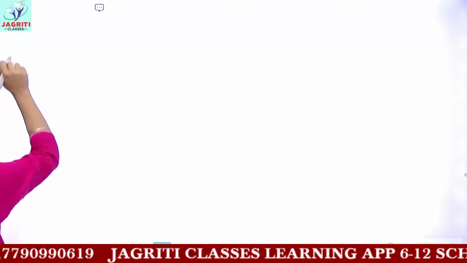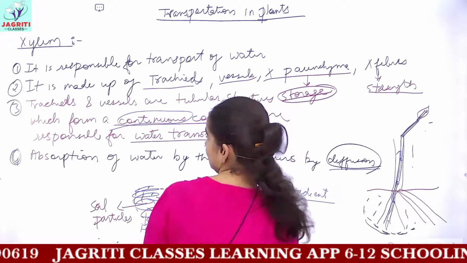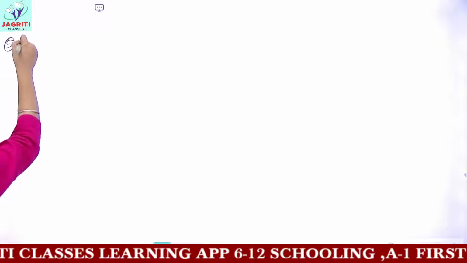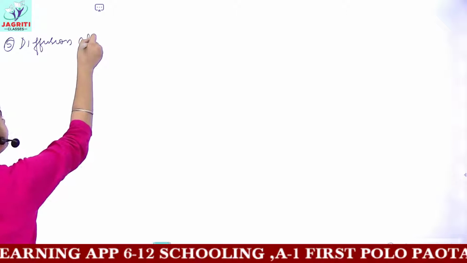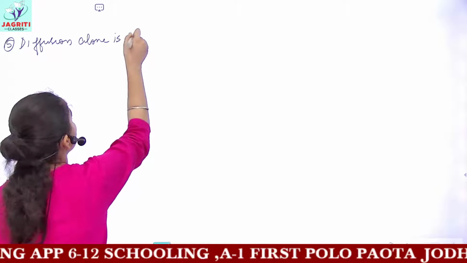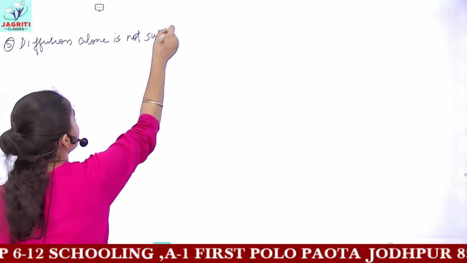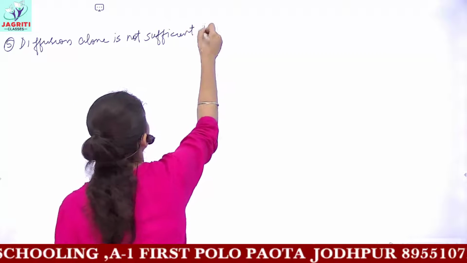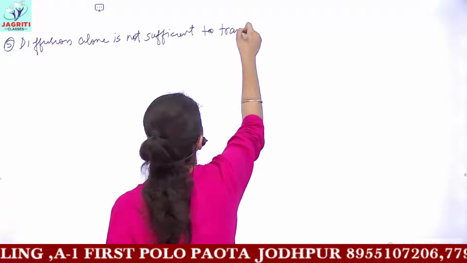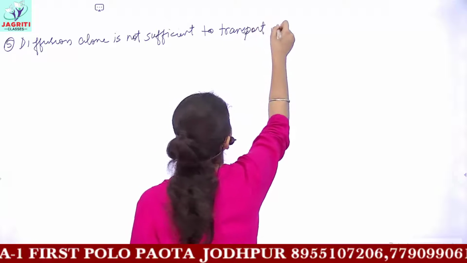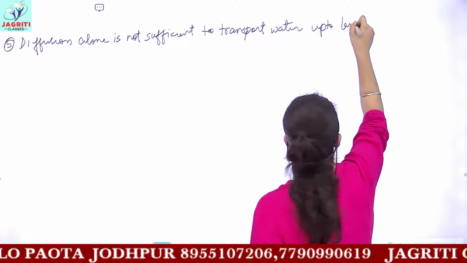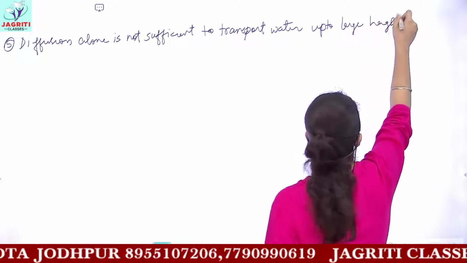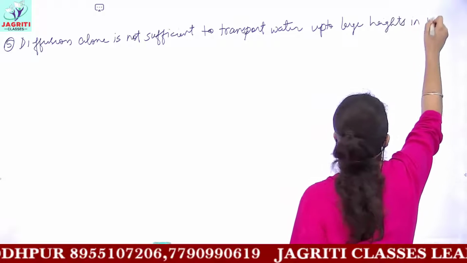This is again a very important point. In the last slide, we were left with 4 points. So now continuing with the 5th. Diffusion alone is not sufficient to transport water up to large heights in plants.